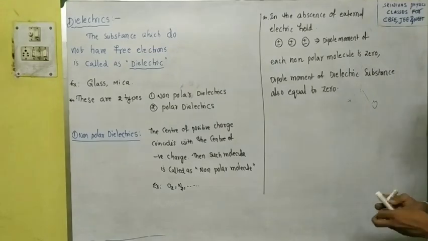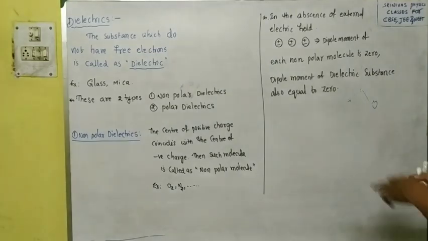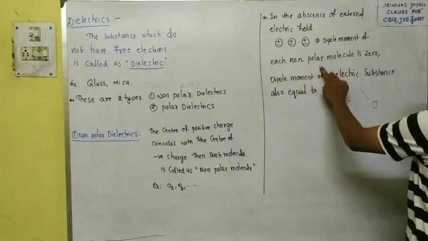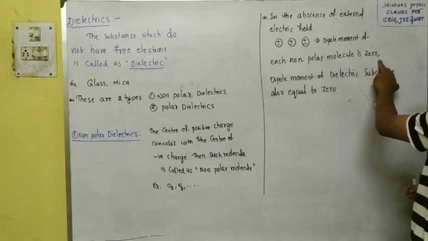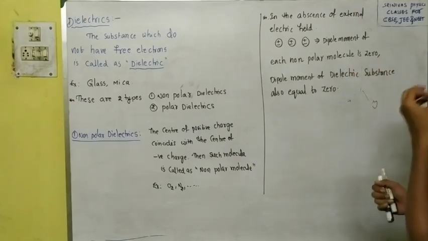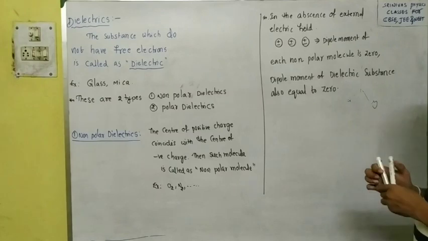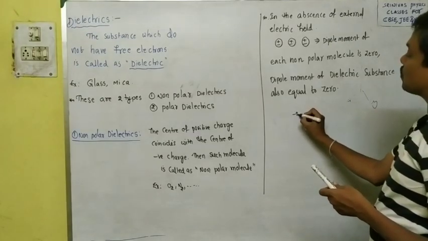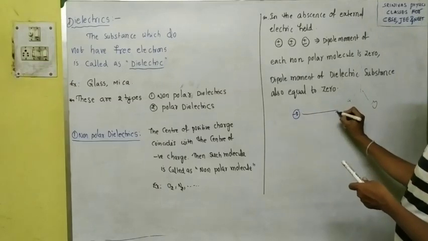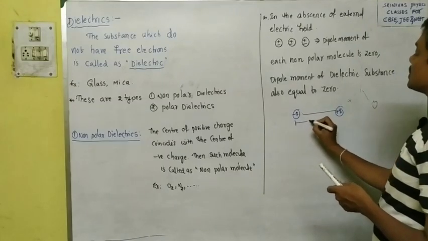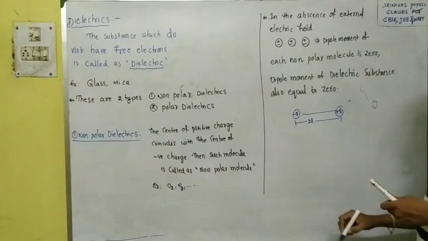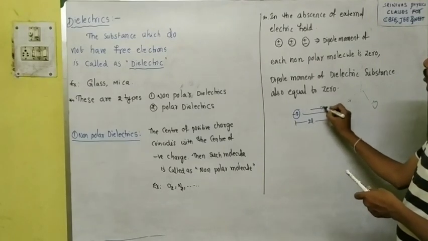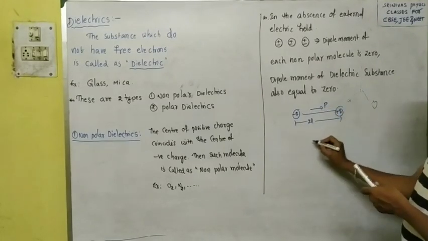What are we telling here? The dipole moment of each non-polar molecule is zero. Why is the dipole moment zero? Because what is a dipole? Two equal and opposite charges separated by a certain distance is called a dipole. The dipole moment direction is from minus q to plus q.